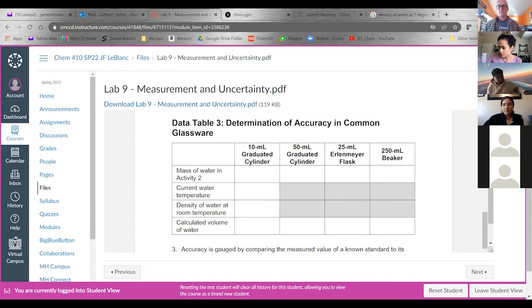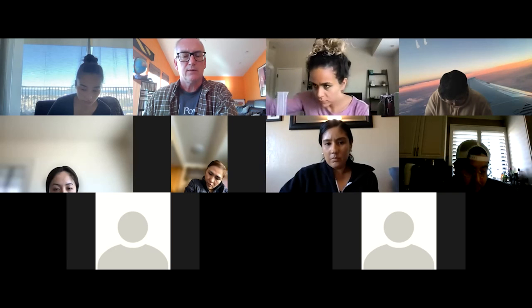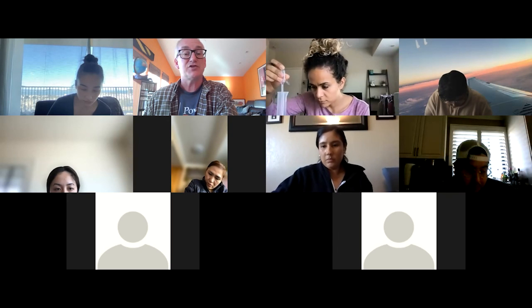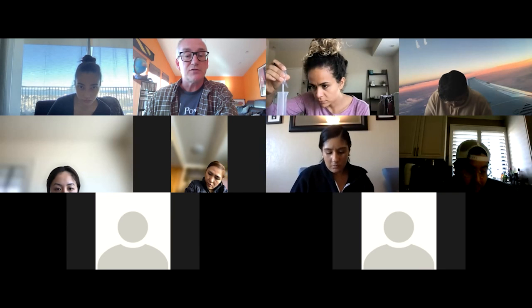For data table 2, let me add 7 milliliters of water to each of the different graduated cylinders. No, there's a different amount for each one. Oh, that's 24, 17, and 35. That's in the instructions.